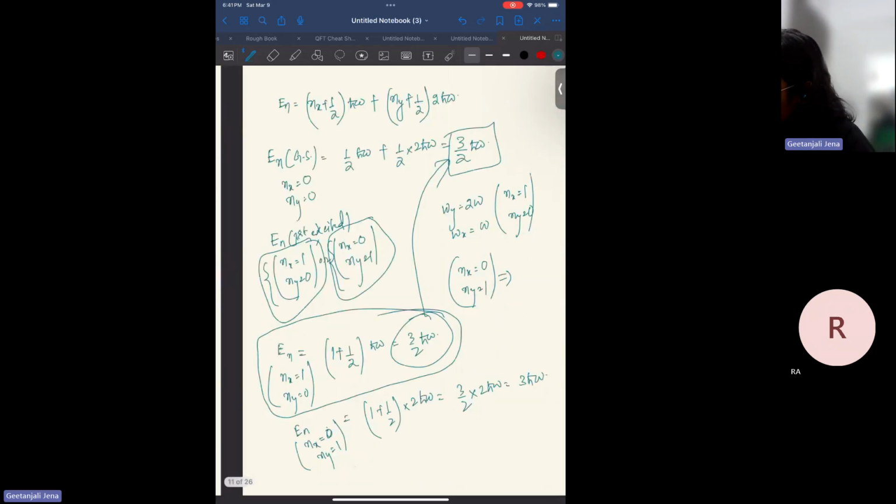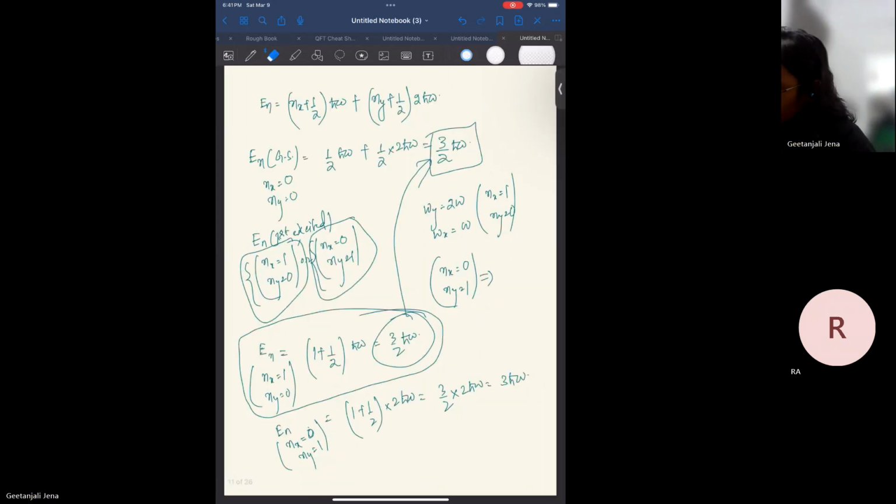Zero, zero, it should be 3 by 2. This one. And for nx equal to 1. Okay, so there is one term missing here.